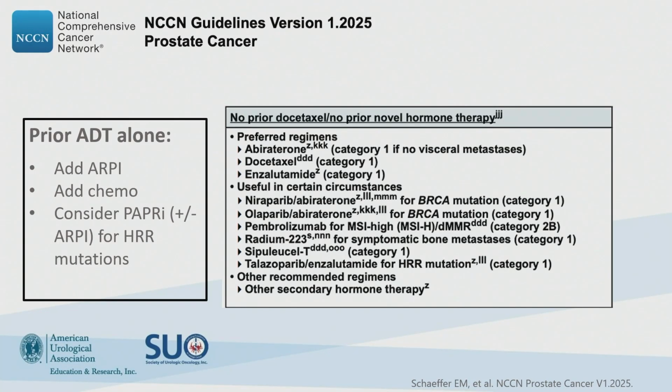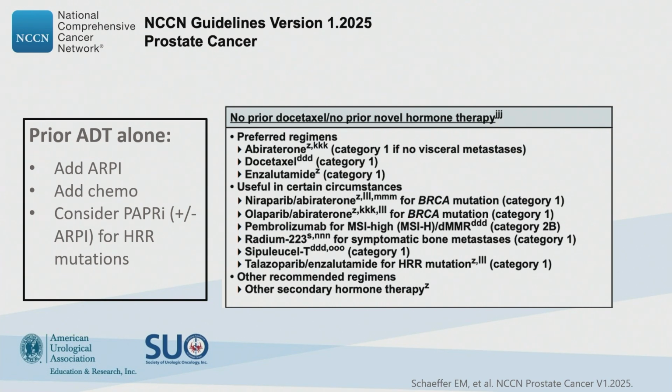So to blow that one out a little bit, for prior ADT alone, our main options here are to add an AR pathway inhibitor as we're sequencing through this, to add chemotherapy, or consider a PARP inhibitor as we heard, but these are going to be the main options in this first line mCRPC setting.